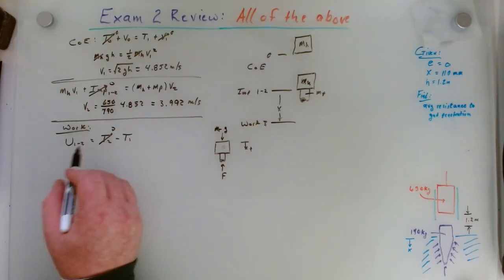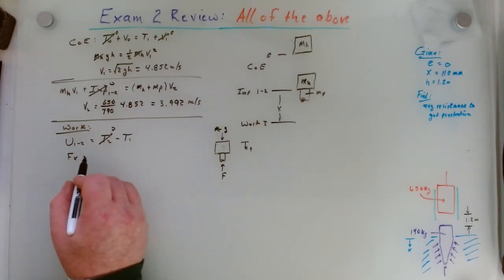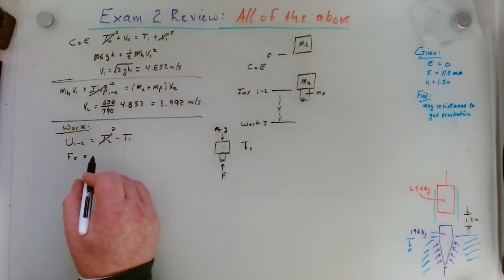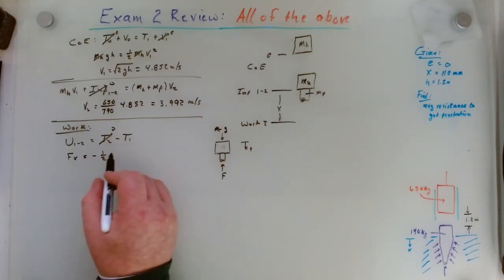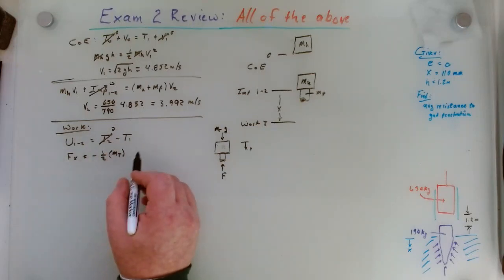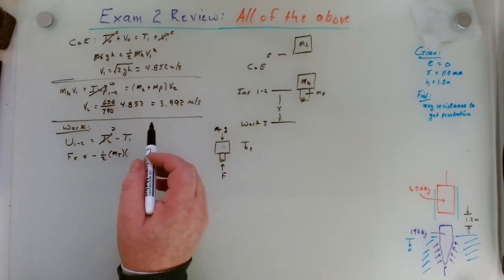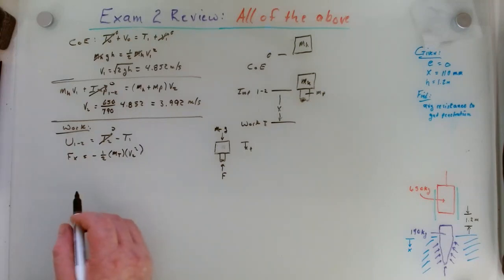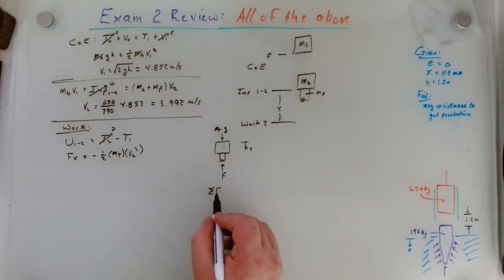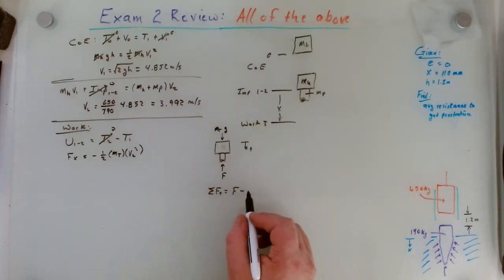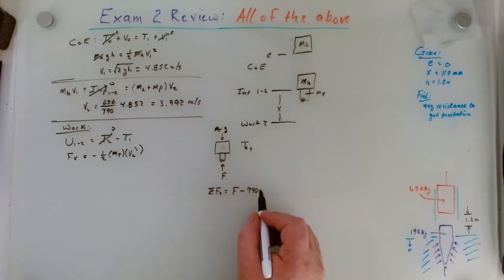So what is this? This is Fx. That is going to be equal to minus the initial kinetic energy, so minus 1/2, and this is m_T for both of them, and then v2 squared. What is F? If we have a sum of the forces in the positive direction, then that equals F minus, let's just say 790 g.